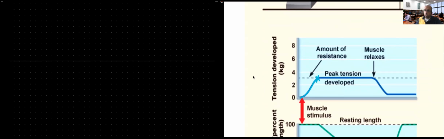What happens when I reach this degree of tension? The tension is going to remain constant. I will have the same degree of tension, but at this point I will have shortening in the length of my muscle.